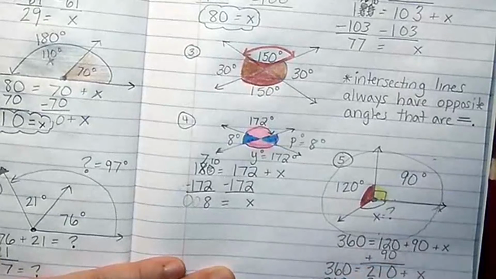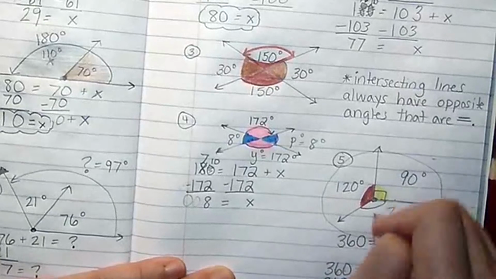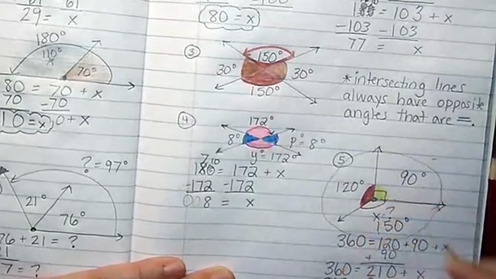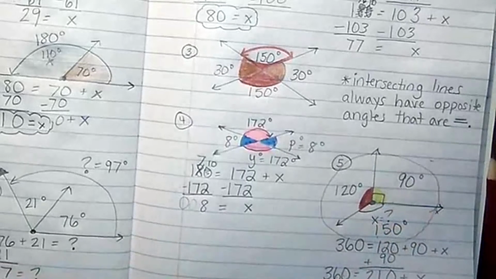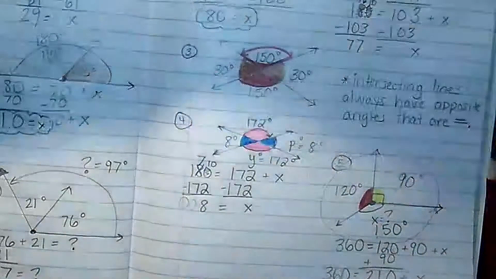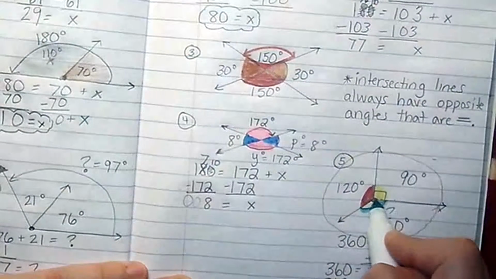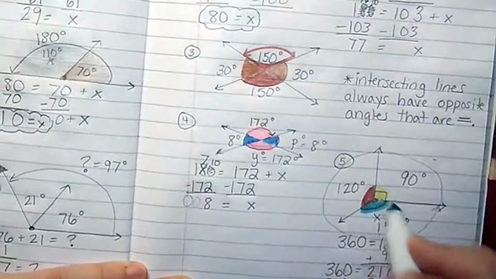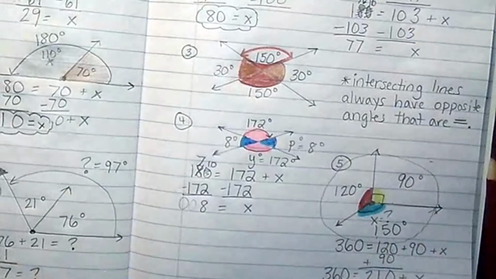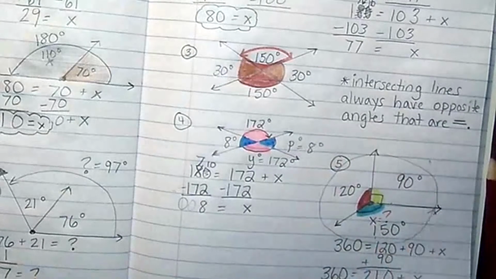And 3 take away 2 is 1. X equals 150 degrees. So now I know my missing side. Its measure is 150, and I've made the full circle. And that's how we would figure this out.